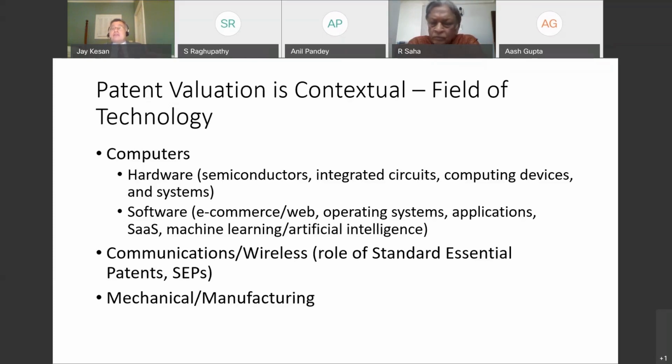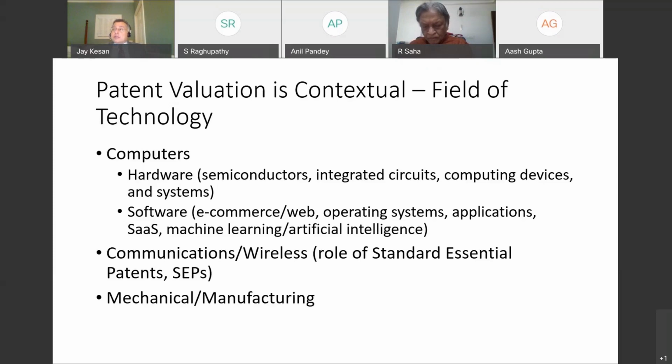You can have patents directed to various kinds of e-commerce and web technologies and transactions, various operating systems, and numerous applications, depending on the functionalities. Software as a service is becoming very important, where you're developing software that performs an essential service that the consumer is willing to pay for.